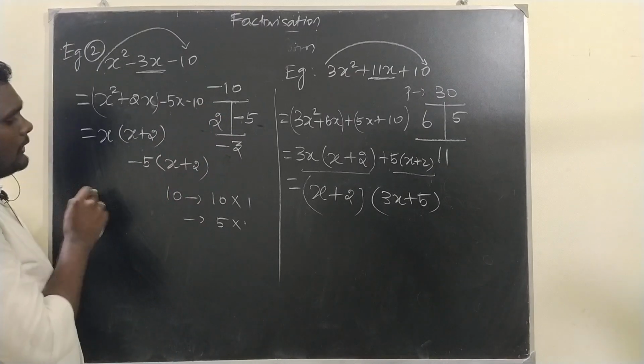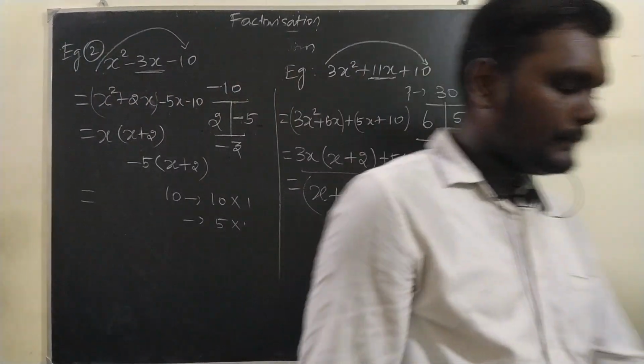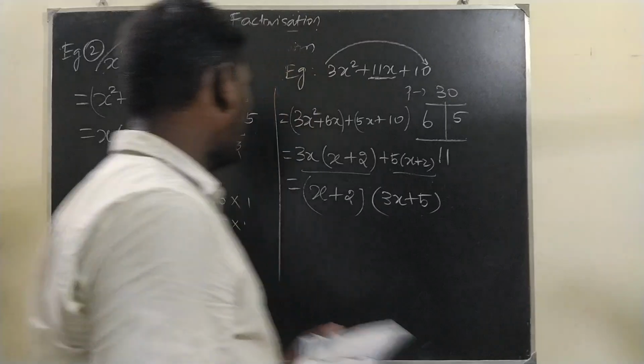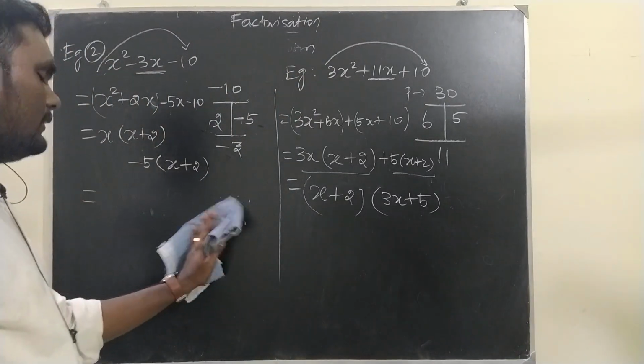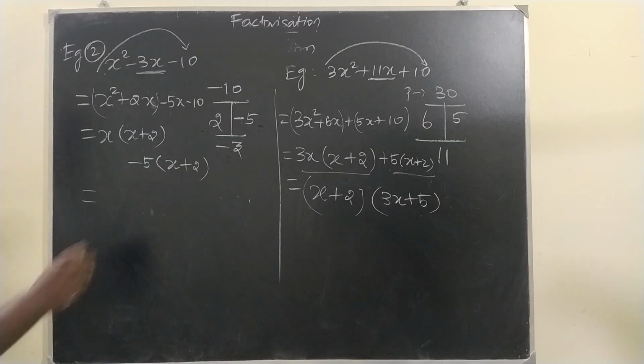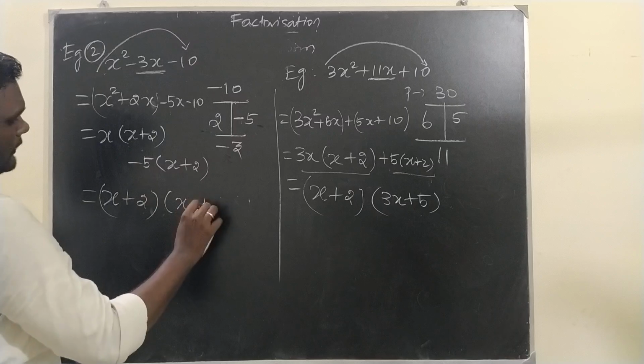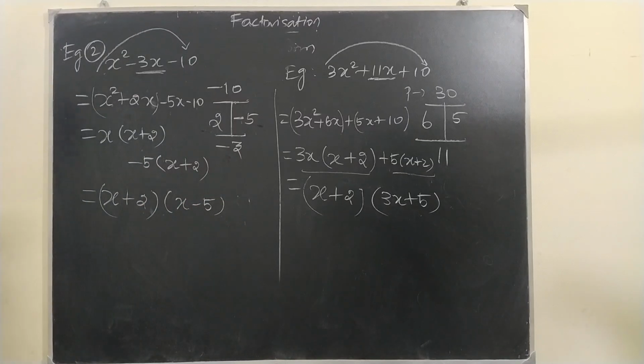Okay. Now here how many terms are there? 2 terms. From these 2 terms, is any factor common? X plus 2 is common. Then x minus 5. That is it.